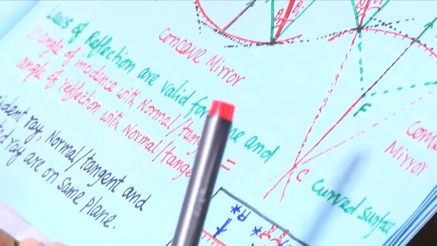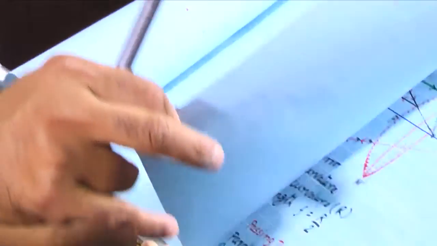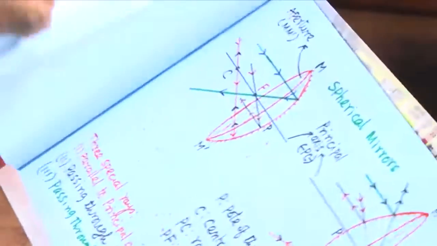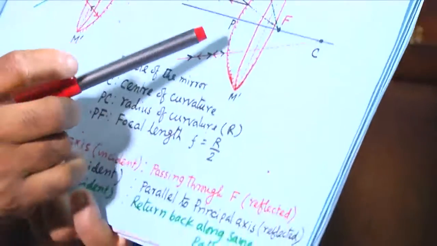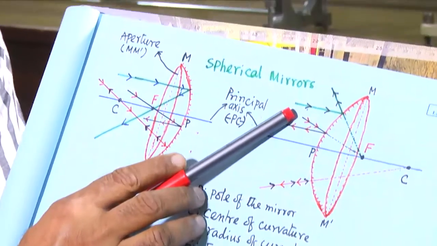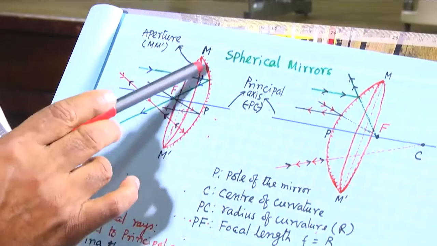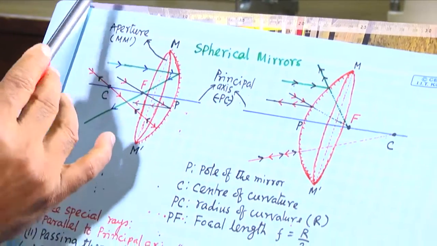In case of a mirror, let us discuss the convex mirror and concave mirror. They are basically spherical mirrors.